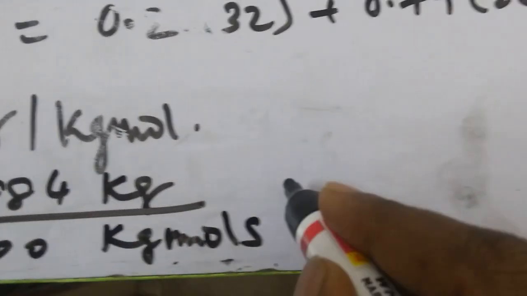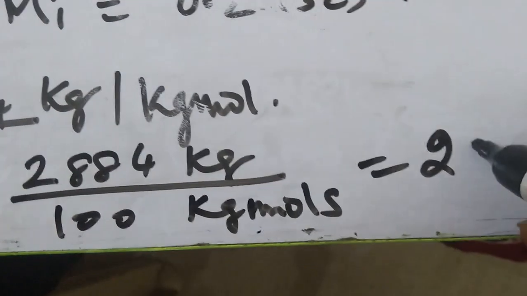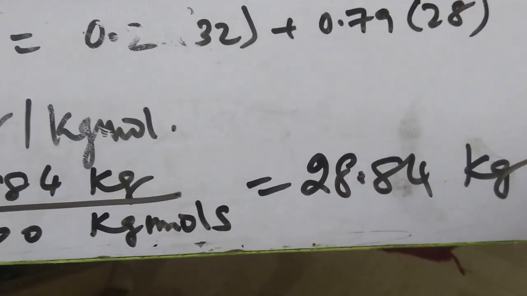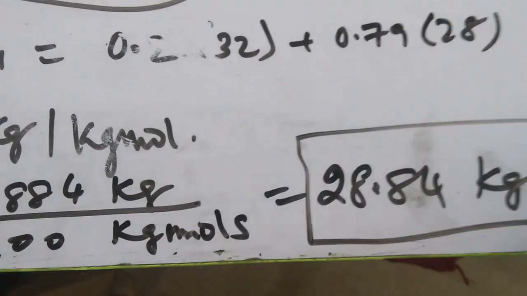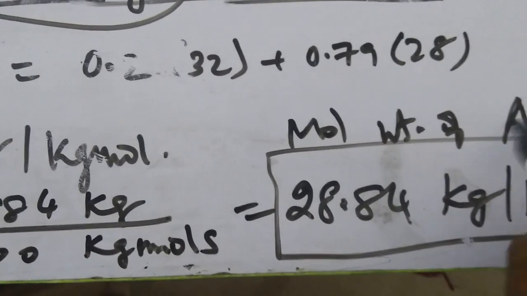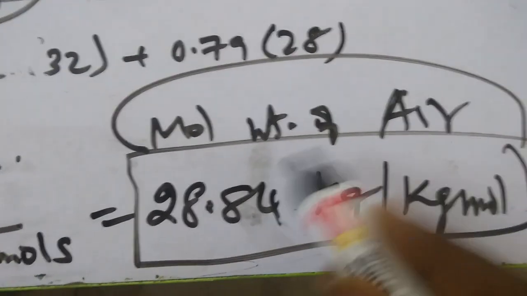Dividing by 100 means moving the decimal two places, so 28.84 kg per kg mole. This is the average molecular weight of air.